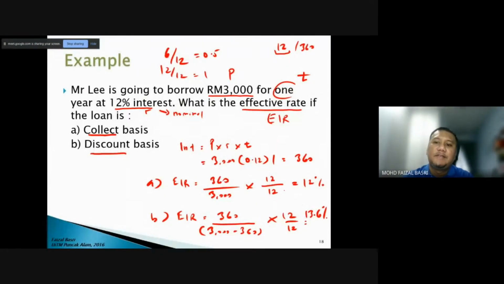So 13.6%. As you can see here, by having these discount basis terms, it caused the rate to increase from 12 to 13.6%. Remember, the interest rate is the same, the principal is the same, the time is also the same, but because of the discount interest, the actual interest that you have to pay is not 12%, it is actually 13.6%.